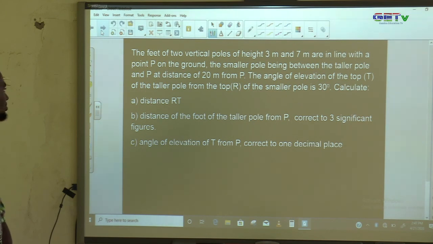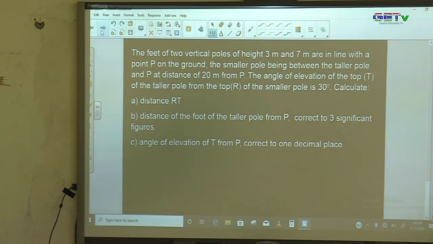I read again. The feet of two vertical poles of height 3 meters and 7 meters are in line with a point P on the ground. The smaller pole being between the taller pole and P at a distance of 20 meters from P. The angle of elevation of the top T of the taller pole from the top R of the smaller pole is 30 degrees.